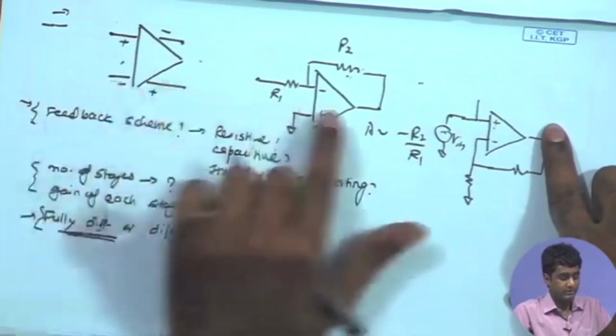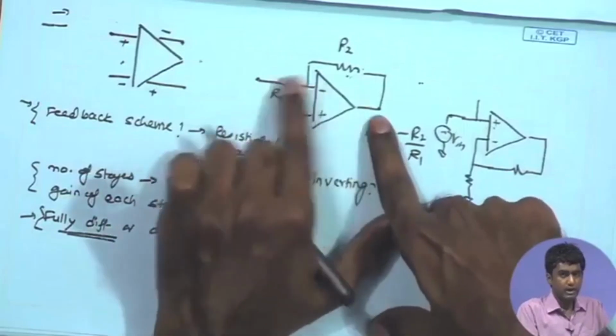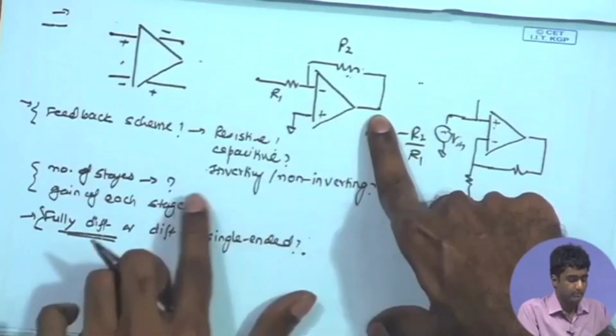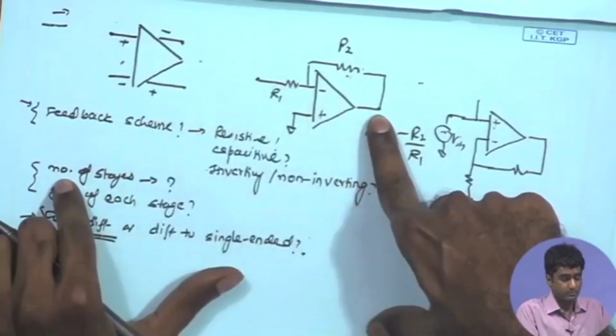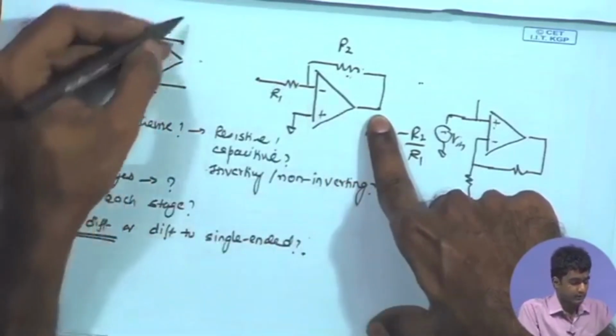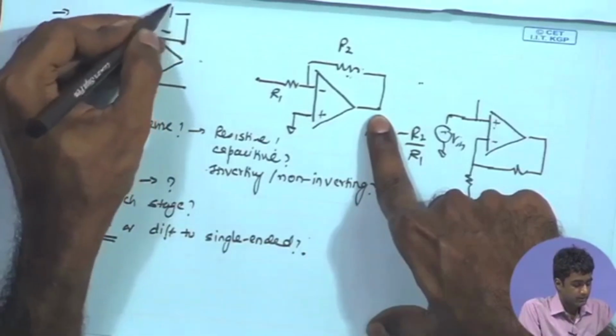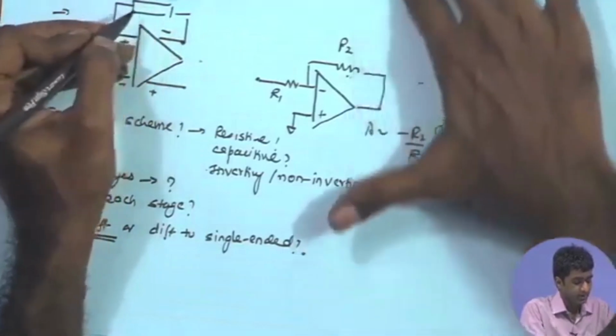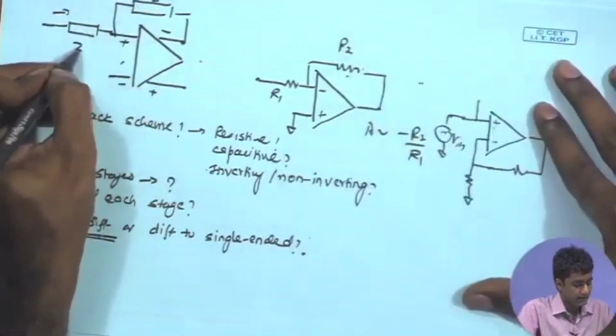So, the fully differential amplifier will be amenable to an inverting amplifier design, therefore, we will choose the inverting gain topology, and therefore, we can envision the impedances in the feedback network, let us call it Z2 and Z1.